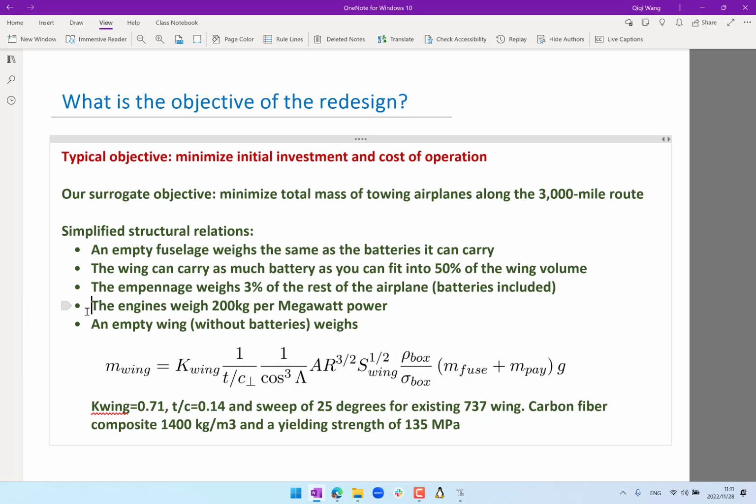So that's why, if you're a pure structural engineer, you would like a wing to look like a box, right? A smaller thickness to chord ratio is going to increase the weight of the wing. And this thickness to chord ratio uses the chord considering the sweep. So that's not the aerodynamic chord, right?